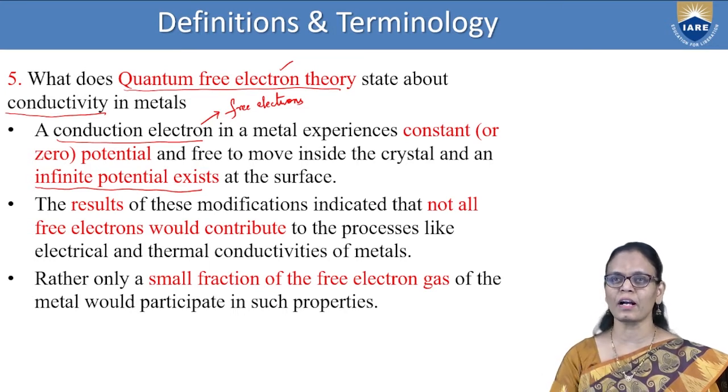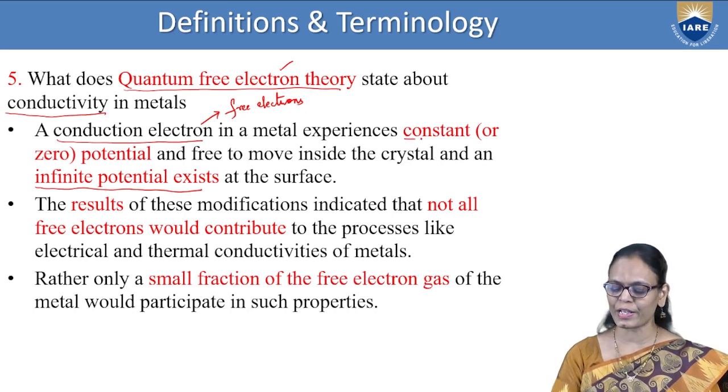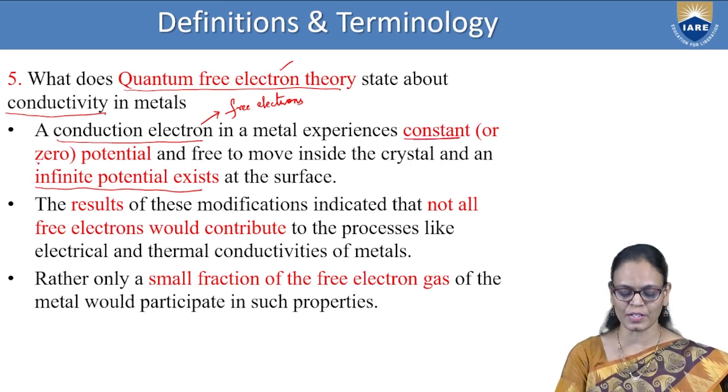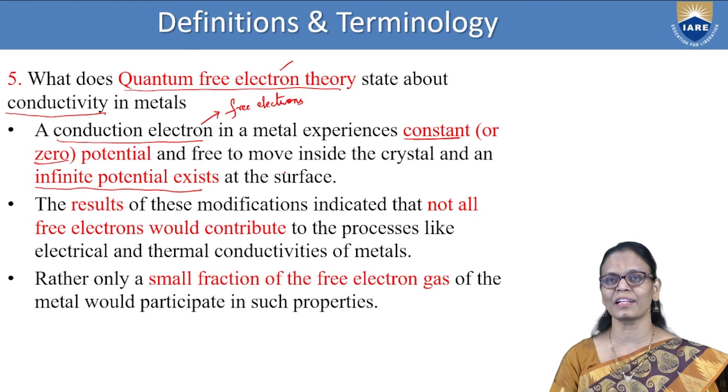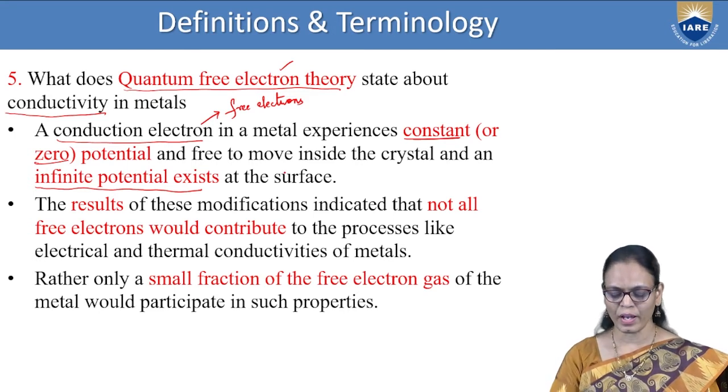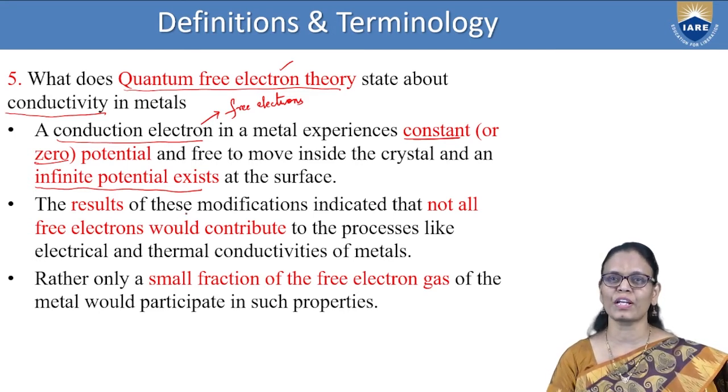So here the explanation given in free electron theory is, as long as the electron is inside the metal, it is experiencing a constant potential which we are considering to be 0, and it is free to move inside. But it cannot come outside because it cannot overcome the infinite potential barrier that exists at the surface.